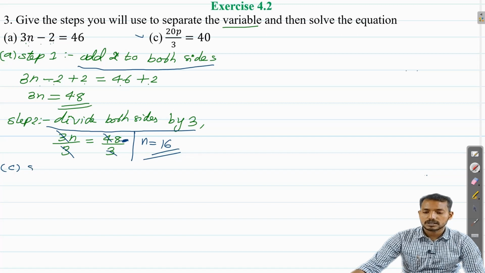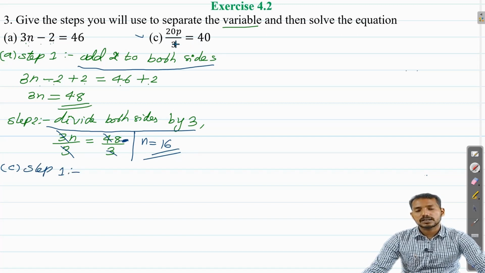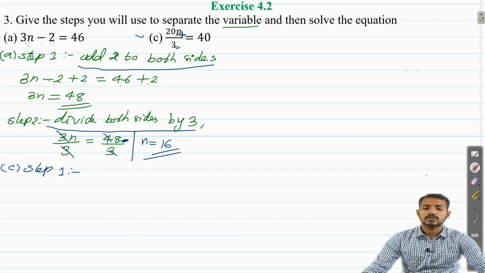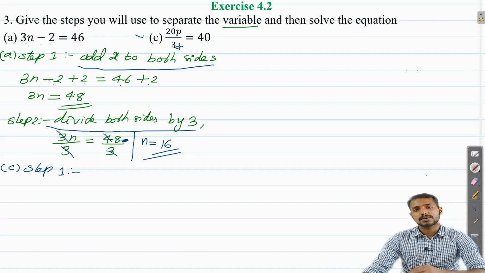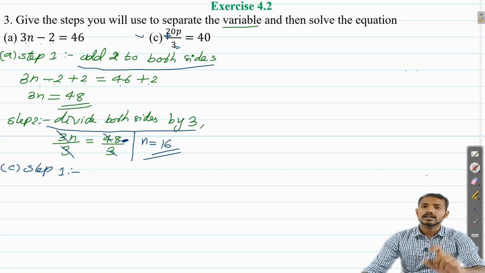Let's take this option C also. In case of option C, what will be the step 1? First thing is that we need to eliminate this denominator 3. For that we need to multiply. Here it is 20p divided by 3. So that divided by 3 should be eliminated, separated from this 20p. For that we need to multiply by 3 on both sides. Clear?